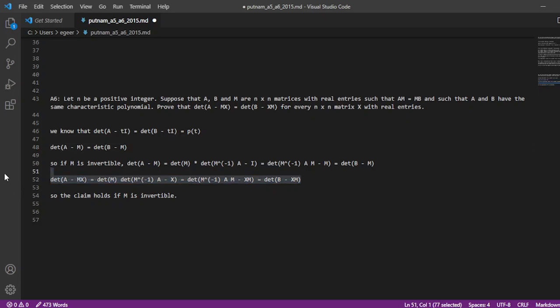So what do I do? What do I need to carry through this argument? This argument doesn't seem to work directly, which is the problem.